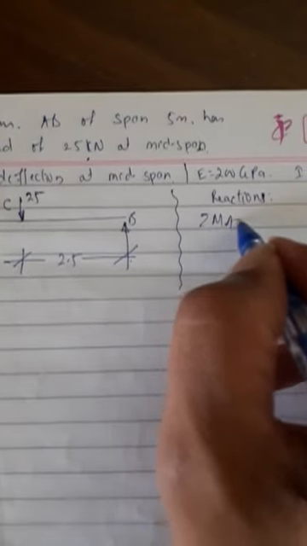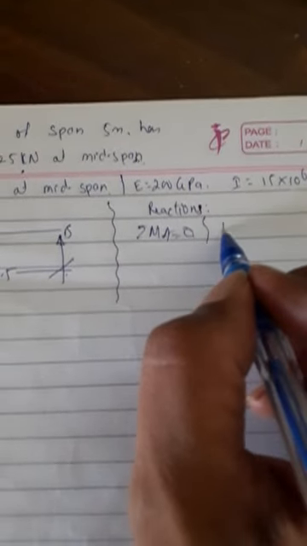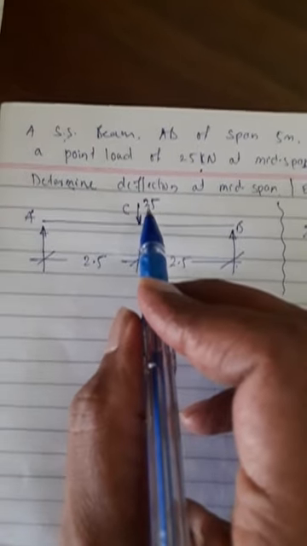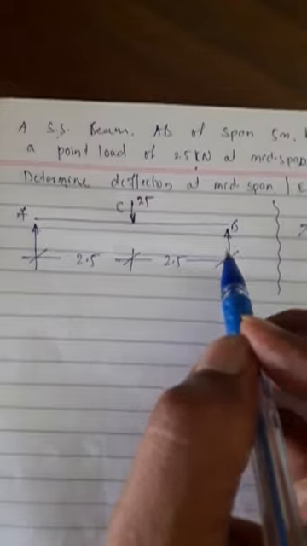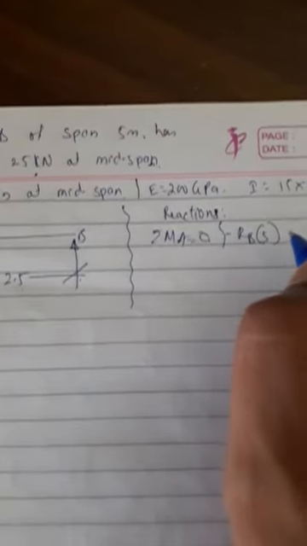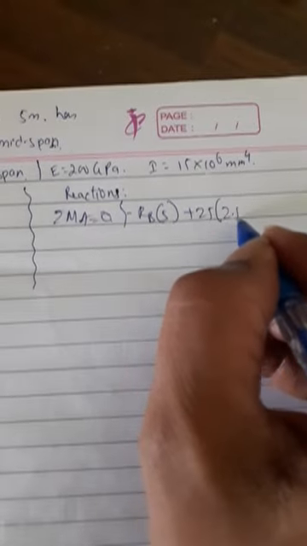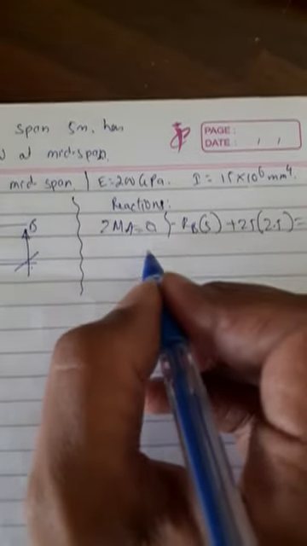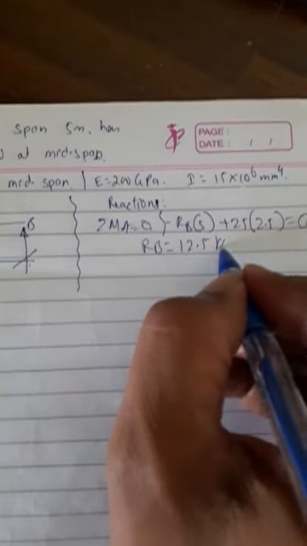Summation of moments about A is equal to 0. So you can write, minus RB into 5 plus 25 into 2.5 is equal to 0. Therefore RB is equal to 12.5 kilonewtons.